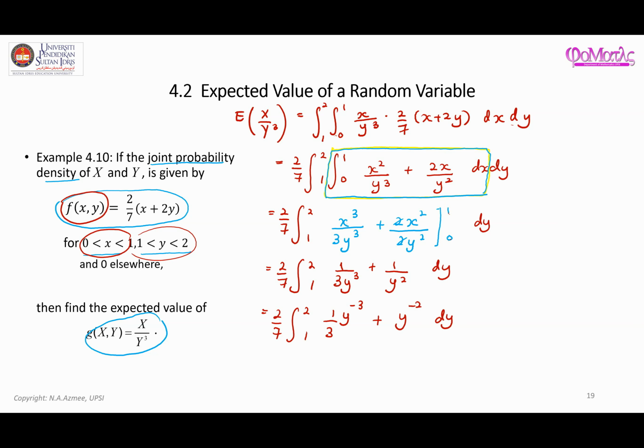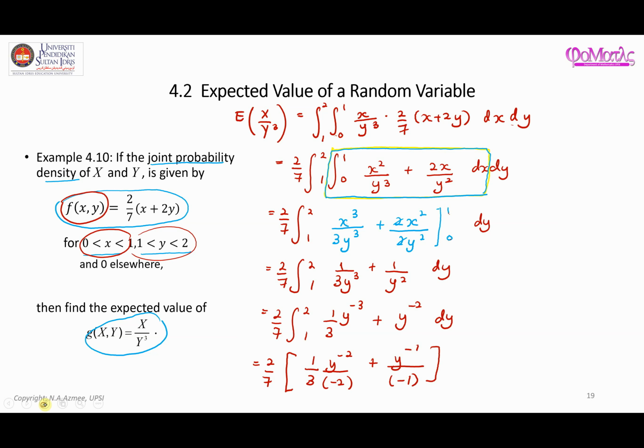And we're just going to integrate that expression given here. So the result that we get here is going to be 1 over 3, and integrating this one, what we have is y to the negative 2 over negative 2, and this one is y to the negative 1 over negative 1. And we're going to consider the limit as 2 and 1.